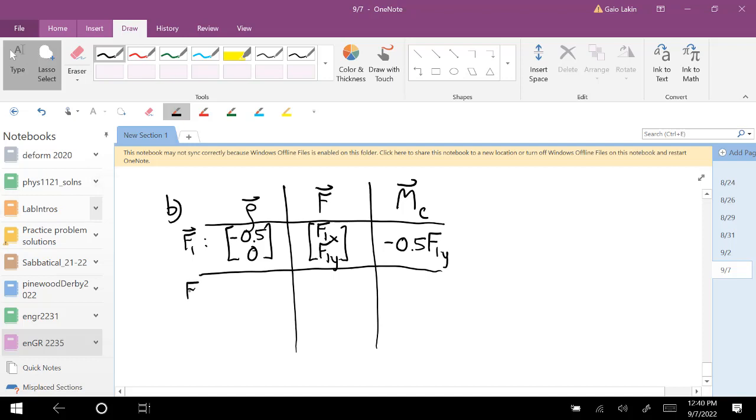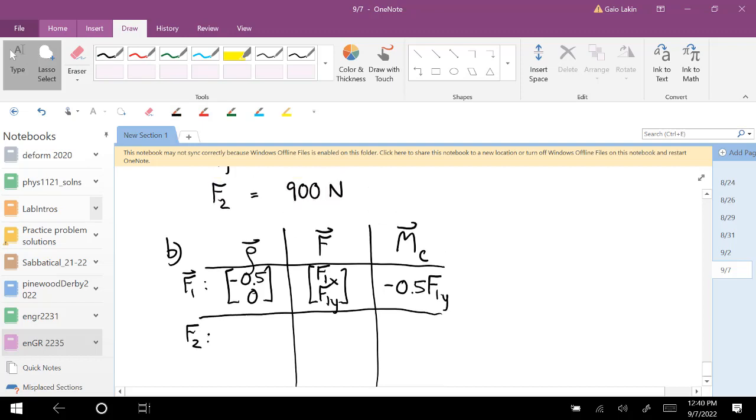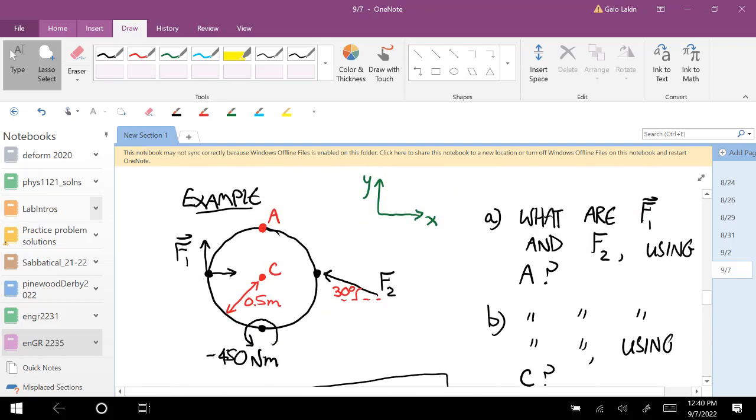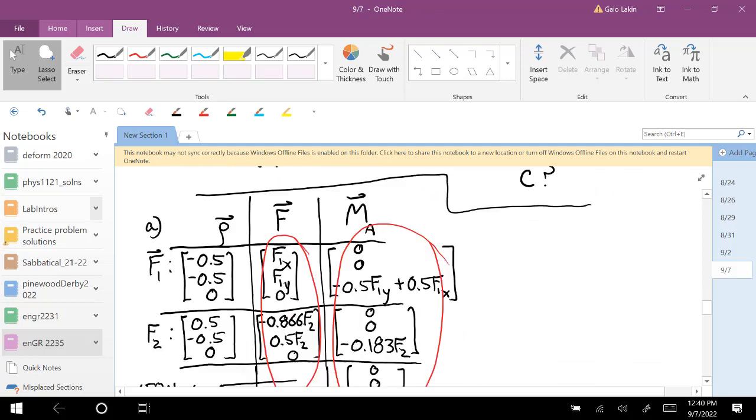Then for F2, what's the row vector for that force? So start at C and go to where F2 is applied. 0.50, yep.